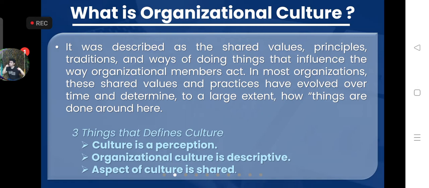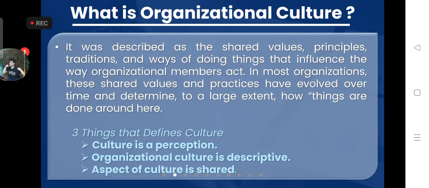In most organizations, these shared values and practices have evolved over time and generations to a large extent, shaping how things are done around the work environment.